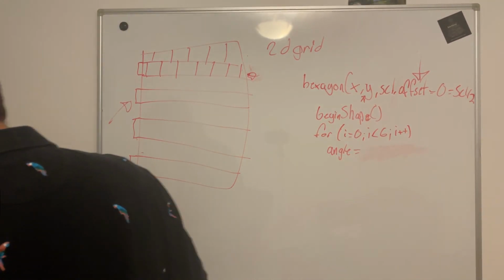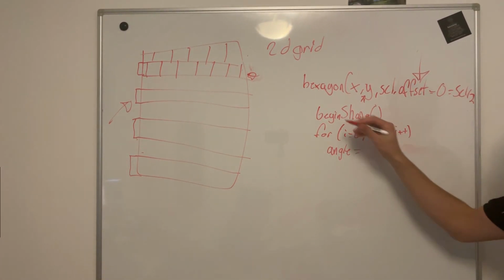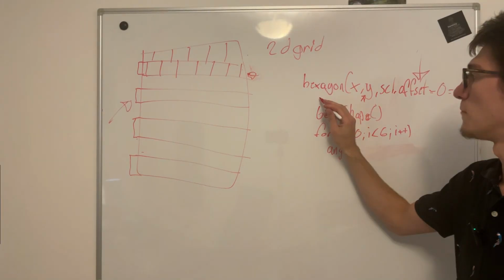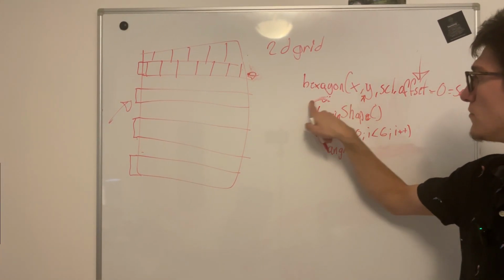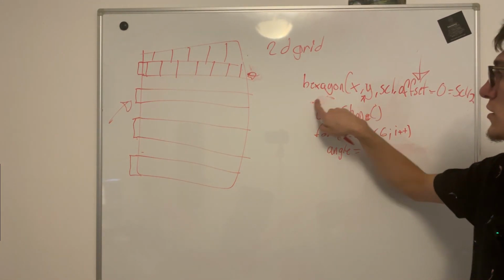It shouldn't be really complicated. So we should have somewhere in here a variable, I'll call it a.